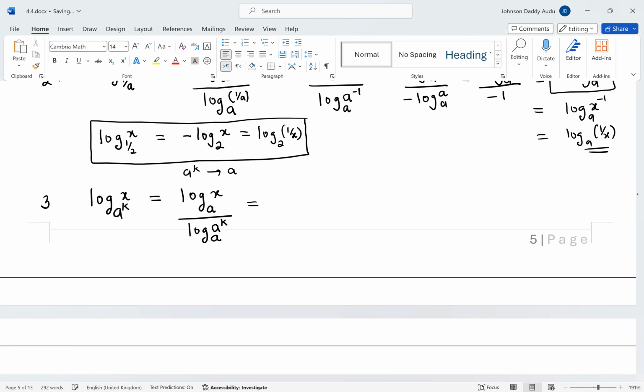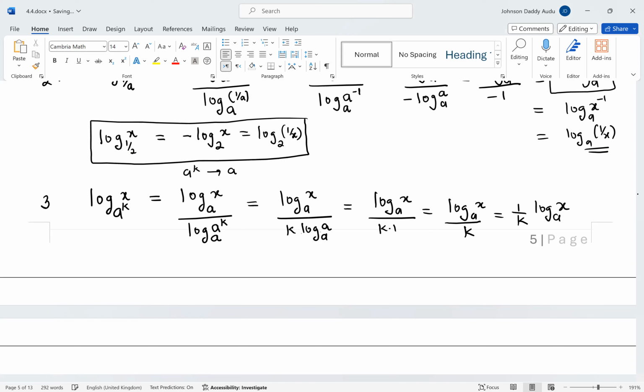And now following the same step as what we did, this is log a of x over k will come down, so you have log a of a. So this is going to be log a of x over, log a of a is 1, so this is k times 1. So this is just log a of x over k, which we can write as 1 over k log a of x.